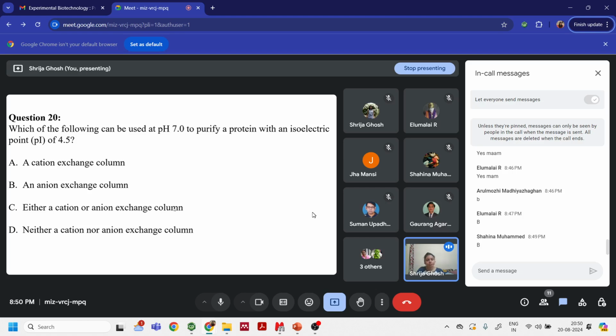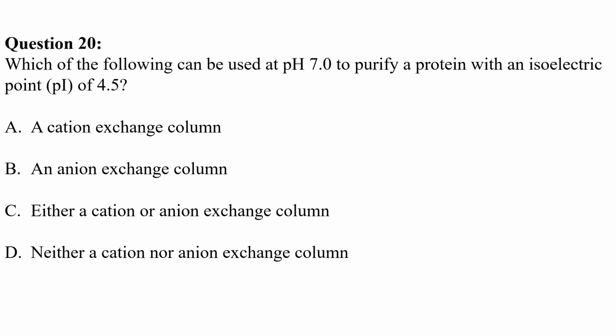Anyone else wants to answer? So if our pI is 4.5, remember I told you, if the pH is on the left side of the pI, that means everything is protonated. Proton means positively charged, positive charge means cation exchange.